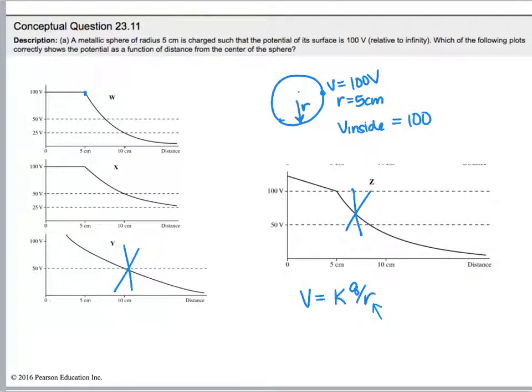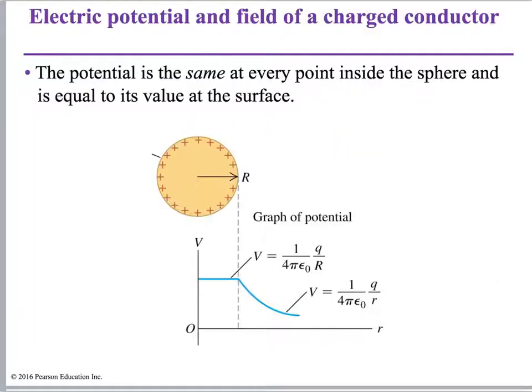If r goes to 2r, what is V going to go to? That's going to be V over 2. So we should go from 100 to 50 when we get to 10 centimeters. And so that is going to be our correct graph. And here we see that picture there.